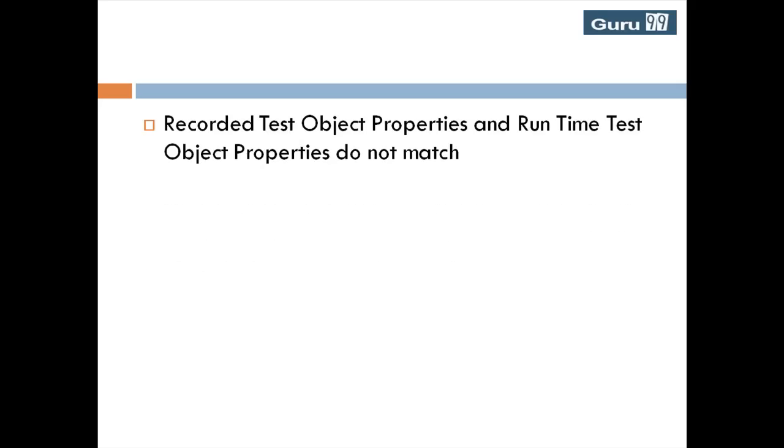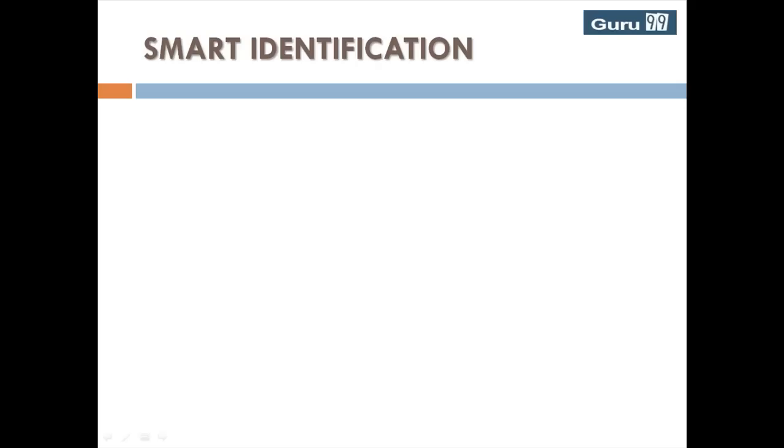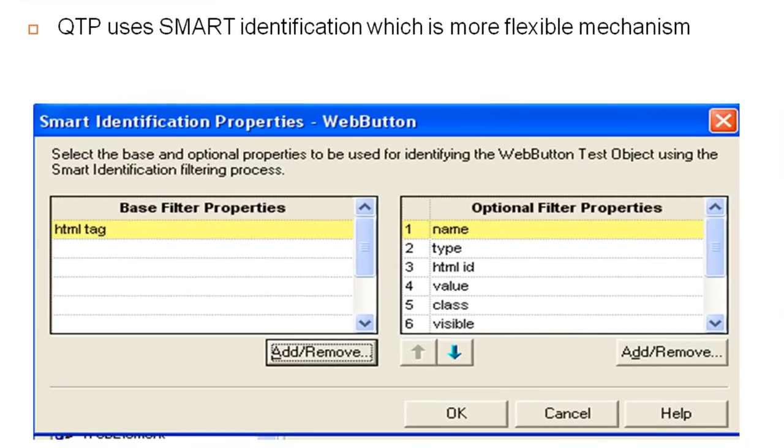Recorded test object properties and runtime test object properties do not match. Test must fail, but in such instances, QTP uses smart identification, which is a more flexible mechanism of object identification.